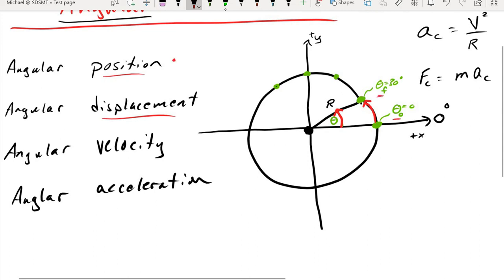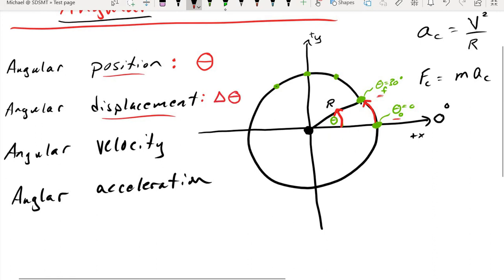And these are what we're going to call angular position. Angular position will be defined as the value of the angle at that particular position. And if we change position, well, that becomes a delta statement.